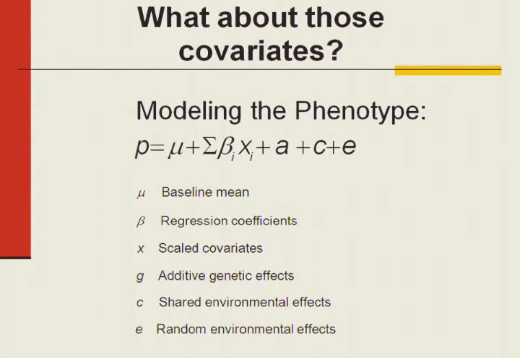Okay, so what about those covariates? We've got our measured covariates here. They're going to be modeled as effects on the trait mean, allowing the trait mean to differ in males and females, allowing the mean trait values to change with age, be different in smokers and non-smokers, and so forth.